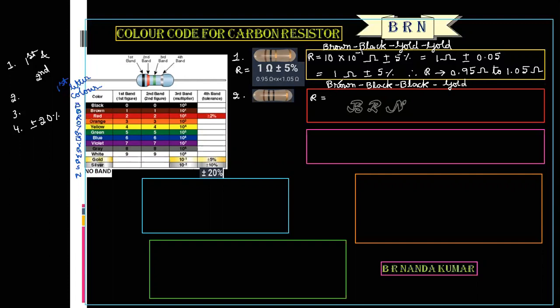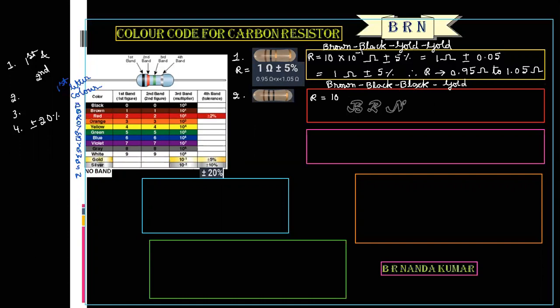So brown means what is the significant digit? Now look at this column. For brown color, that is 1. Black color, 0. The colors of first two bands indicate the first and second significant digits of resistance in ohm. The color of third band indicates the number of zeros that follow.